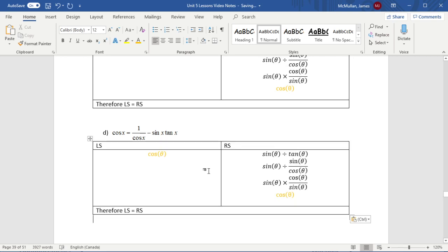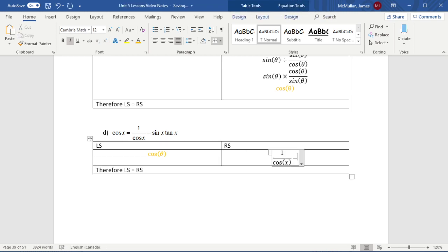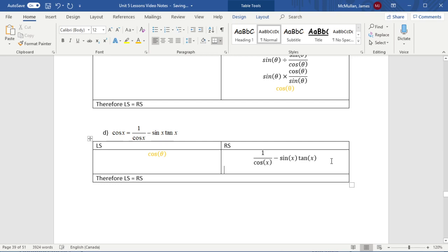Okay, again, the left side is just cos, so probably can't do anything with that. The right side I have 1 over cos x minus sine x tan x. Now, in identities, you often don't know what the first thing you should do is, so try something. If it doesn't work, don't erase it. Hand in what you tried.